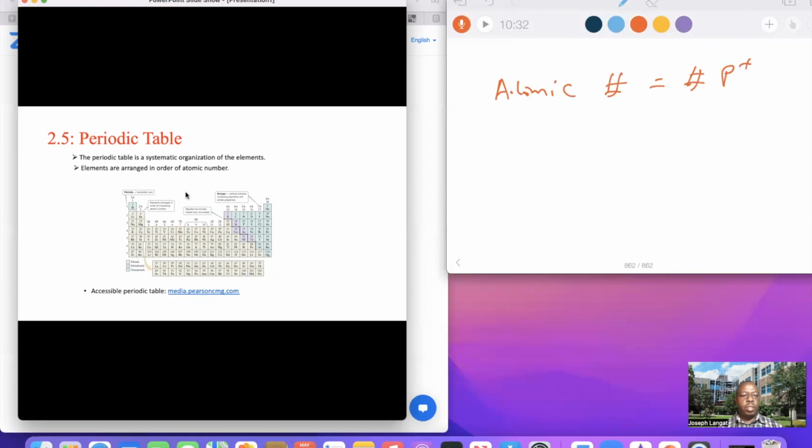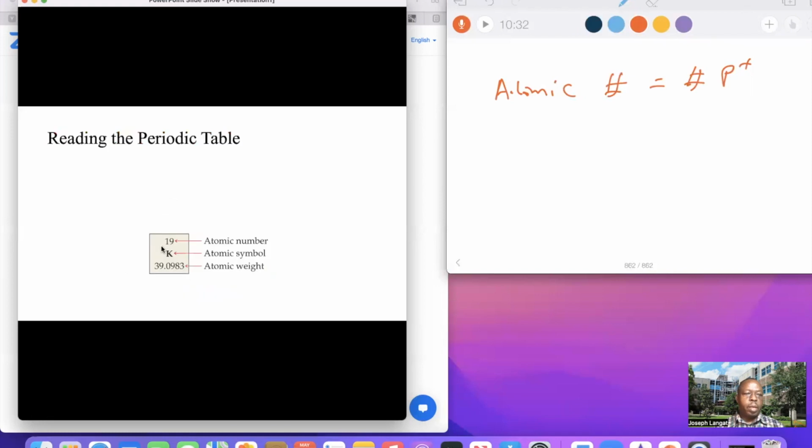But this is just a periodic table of elements. We will also look at how the periodic table has been broken down into metals, non-metals and metalloids. We'll come back to this in a moment.